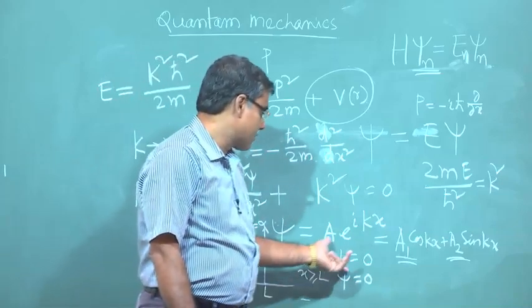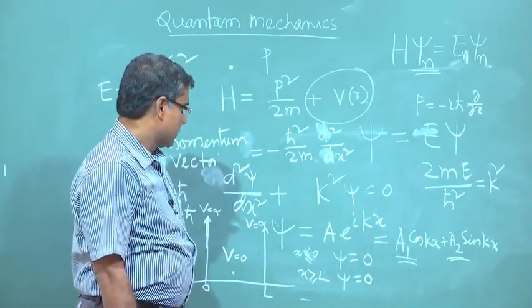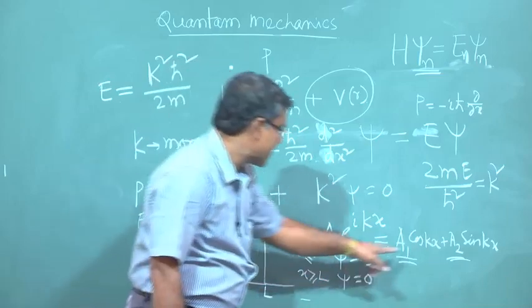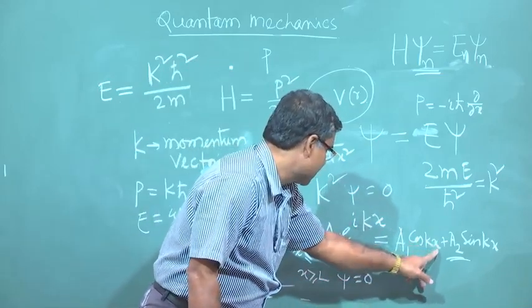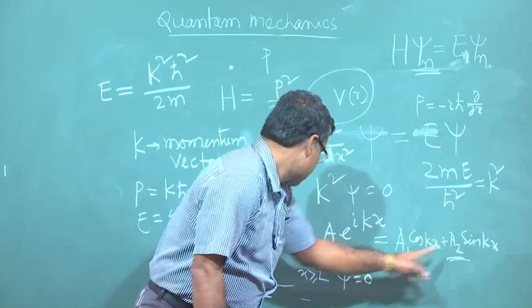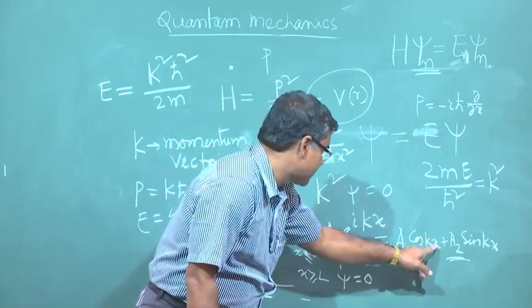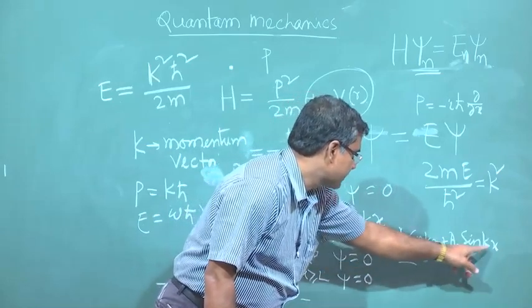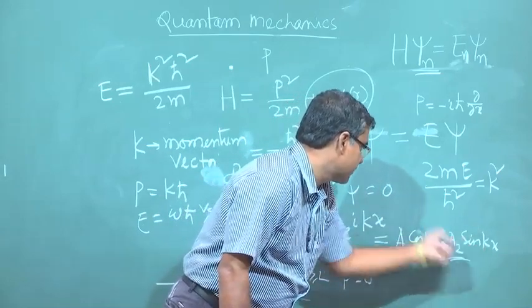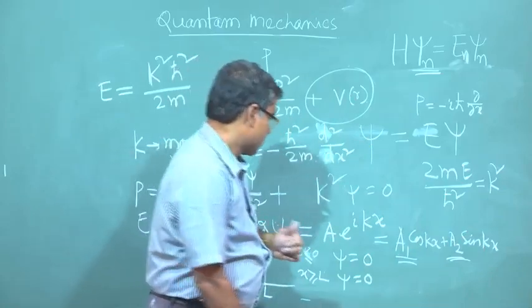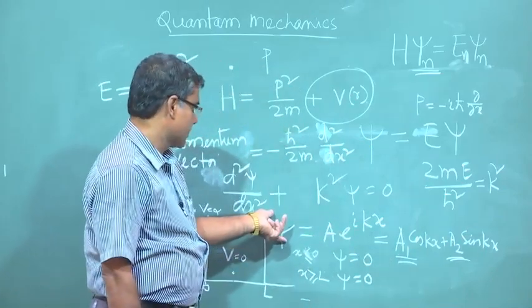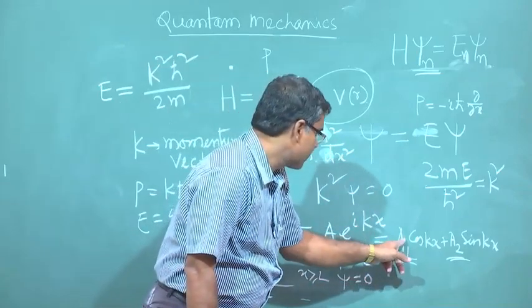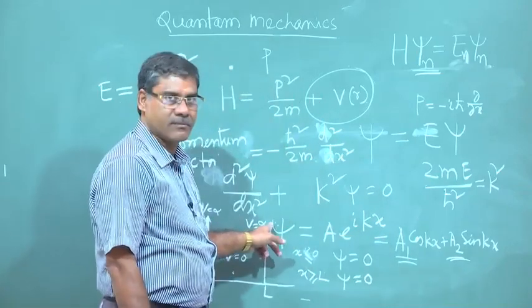Now, if you put the boundary condition x equal to 0, psi has to be 0. So this is 1 and this is 0, so psi equals 0, so this equals 0.